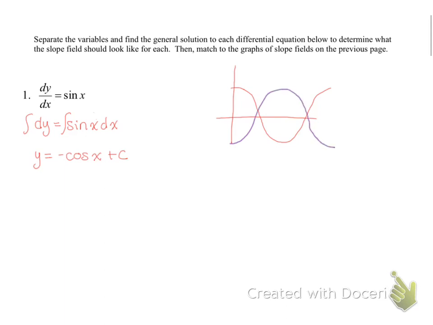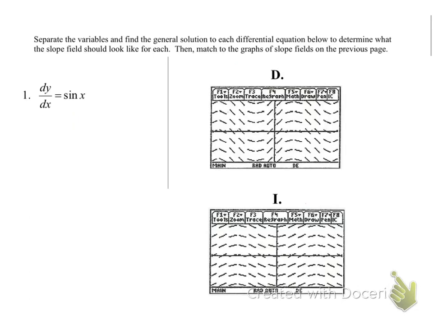So if you look at your options of slope fields on page 614, you can narrow down some options. On the next slide here we have two options, either D or I. If you're not sure which one of these to pick, always try a test point. A good test point would be 0, 1.